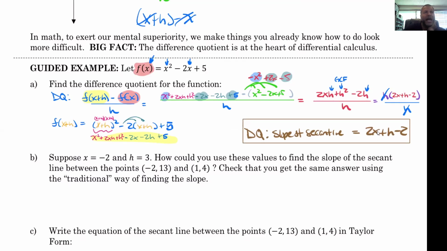Number one, whatever value of x you're starting with. Two, whatever the distance is between those 2 points. That h value represents how far away x and x plus h are. And then there's this minus 2 value that is here for some reason. We'll see why that negative 2 is there when we actually do true calculus.